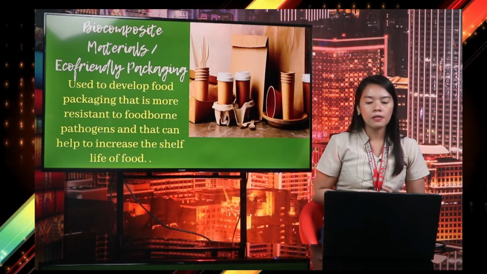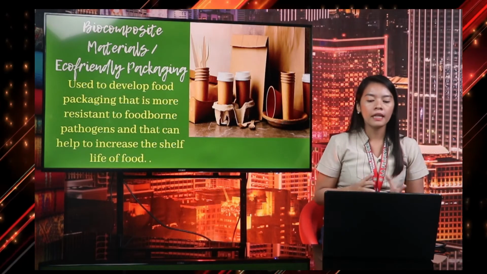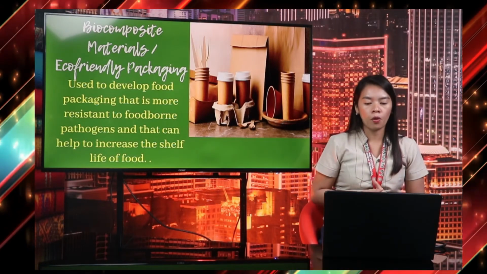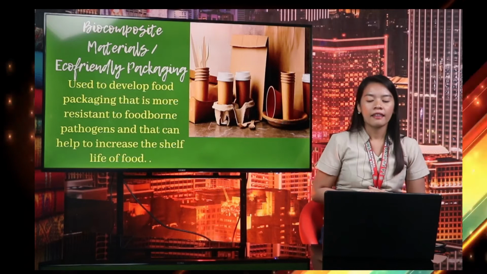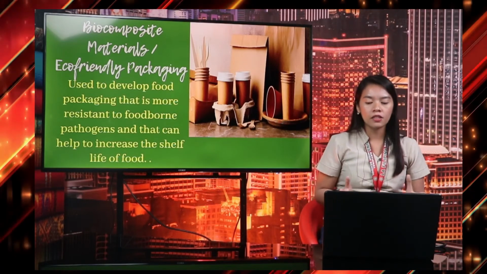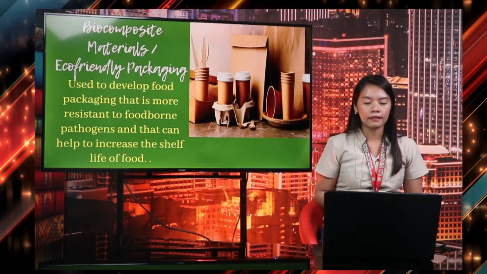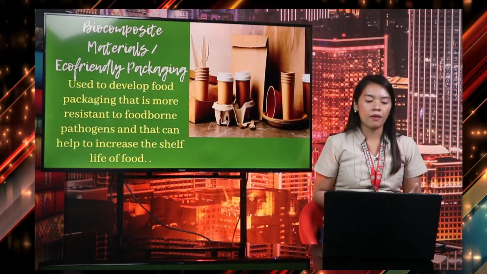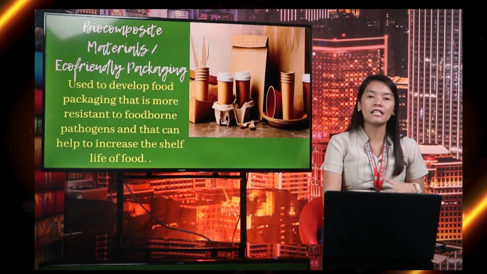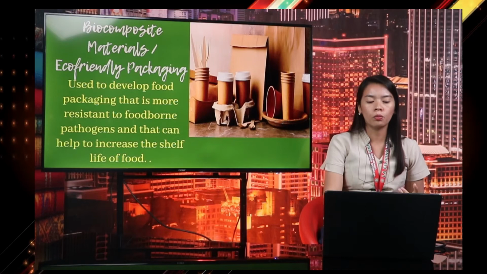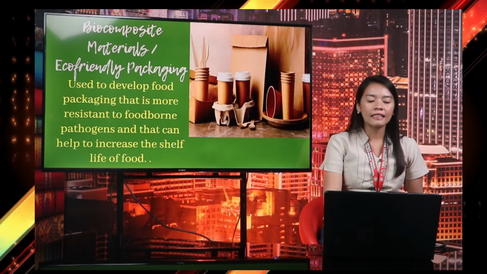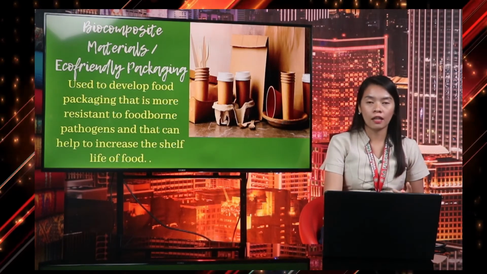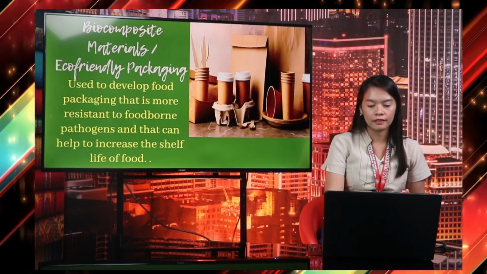Biocomposites are composite materials, meaning they are made of two or more unique resources that create a new material when combined. So, this is developed for food packaging that is more resistant to foodborne pathogens, which can help to increase the shelf life of food.